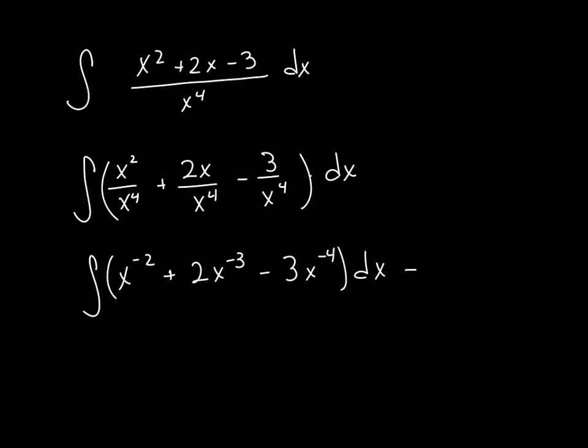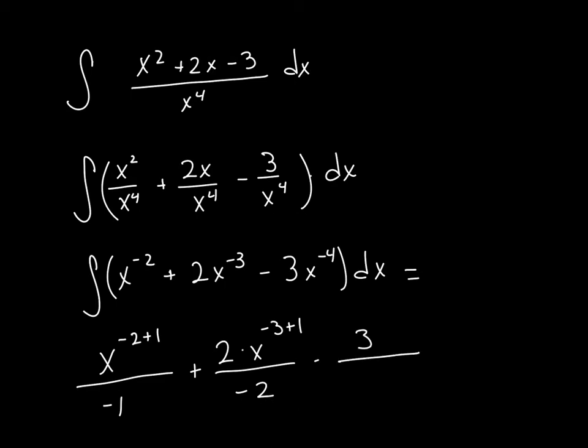I now want to integrate that, which means I'm going to add 1 to the exponent and divide by the new exponent. So that becomes x to the negative 2 plus 1 all over negative 2 plus 1, plus 2 times x to the negative 3 plus 1 all over negative 3 plus 1, minus 3 times x to the negative 4 plus 1 all over negative 3.